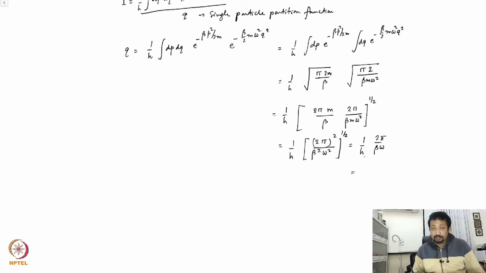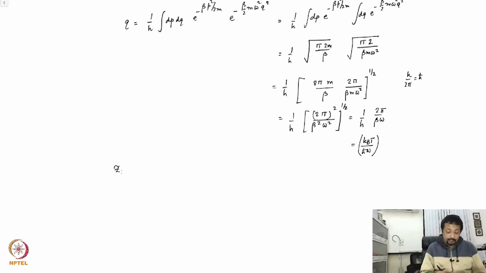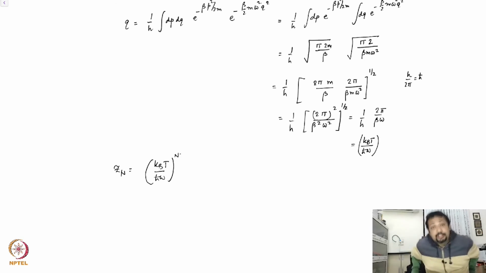But this answer is very familiar because h over 2 pi is h bar, so that I have kBT over h bar omega. Hence the n particle partition function Zn becomes kBT over h bar omega raised to the power n. It's dimensionless because you see kBT has the dimension of energy, and so does h bar omega.